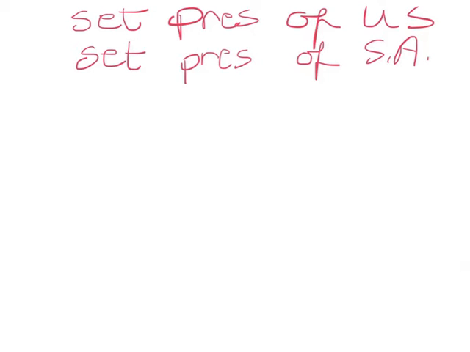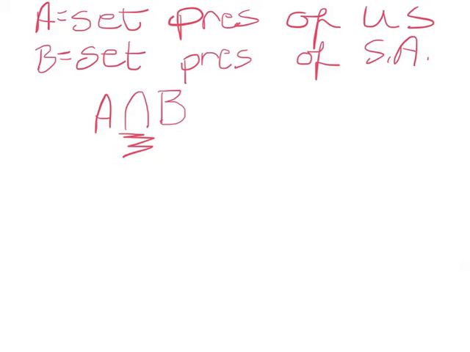Alright, the Republic of South Africa. Let's call the set of U.S. presidents set A and the set of South African presidents set B. And suppose I ask, what is A intersect B? We're going to talk about intersect a little bit, but what I'm saying is, do they have anything in common? And the answer would be, they don't have anything in common, so that's equal to the empty set.